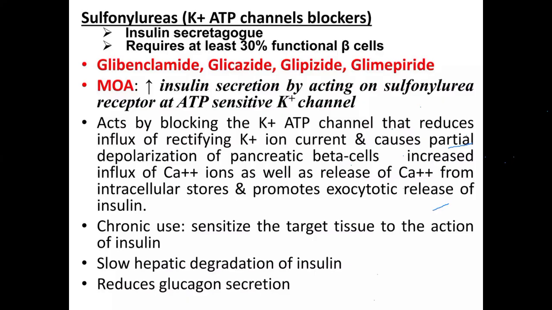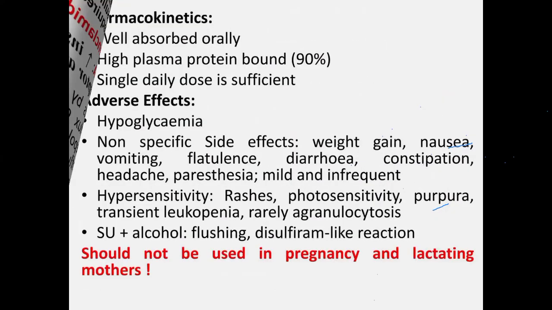Now, in this slide we will study the pharmacokinetics of sulfonylureas. First point: sulfonylureas are well absorbed orally. They are highly plasma protein bound, about 90%. A single daily dose is sufficient.